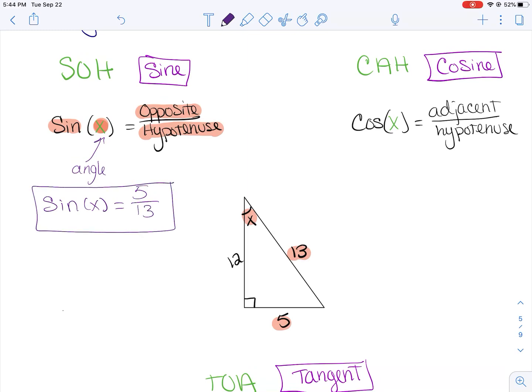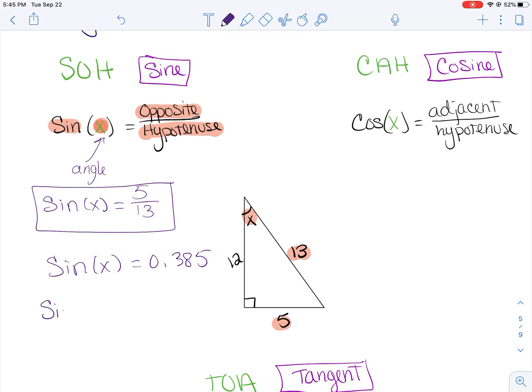So 5/13, okay? You might have seen some places they'll convert that into a decimal. So you might see the ratio written as the sine of x is equal to 5 divided by 13, which is 0.385. So that's one way we could utilize that function.